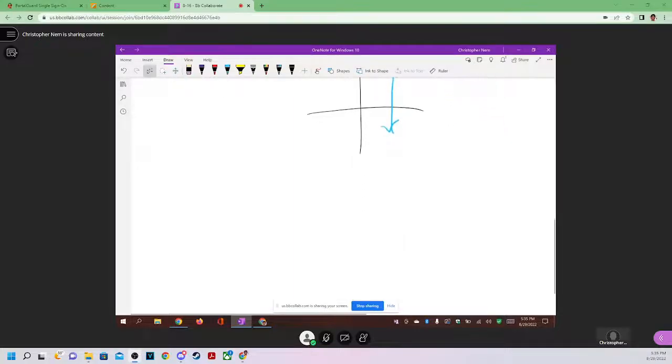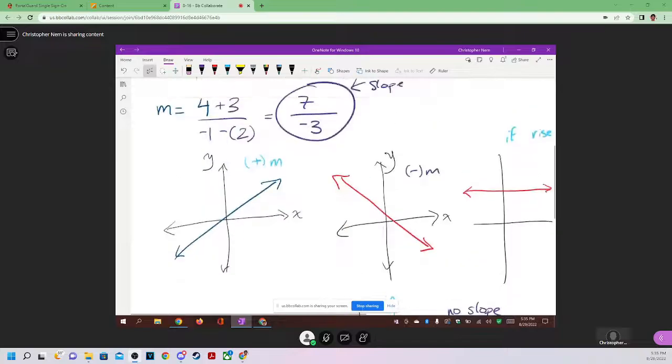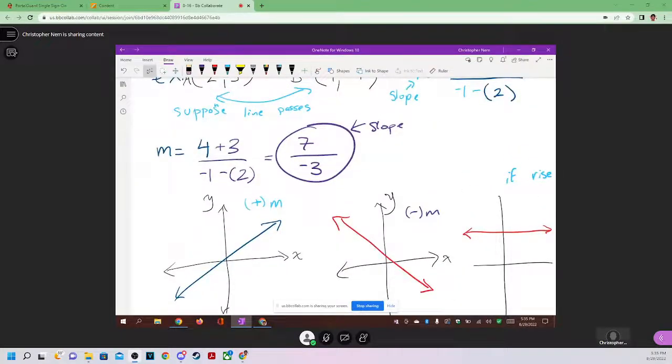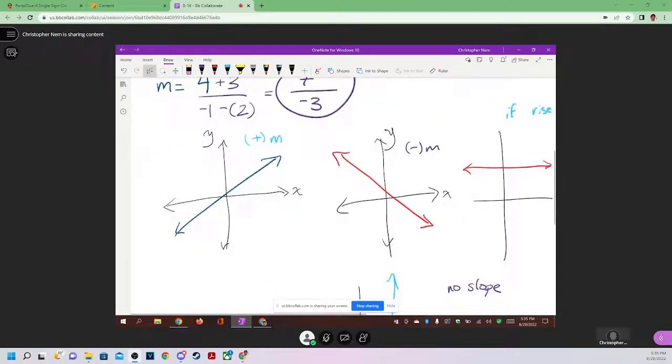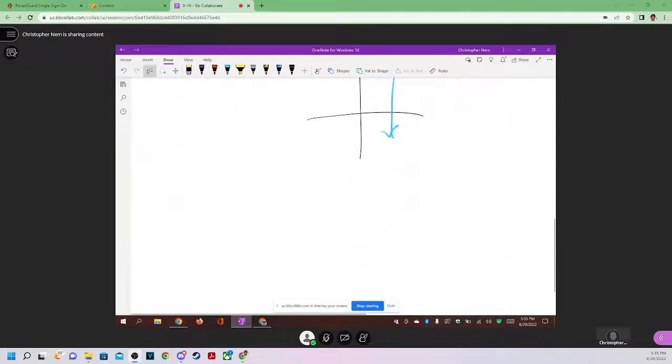So now moving on. The slope is one of the most important things in mathematics you'll learn, next to finding zeros, solutions, x-intercepts. They're the most important concepts, so we got to go into it. Now that we have slope, we can talk about linear equation representations.